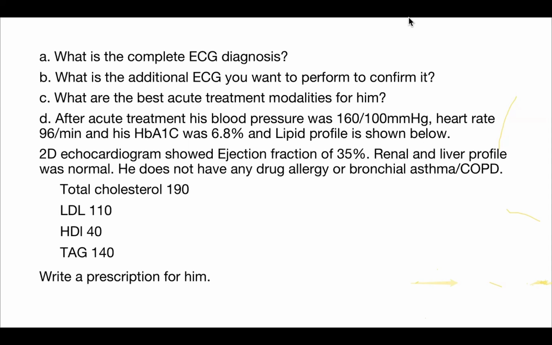What is the first line in nowadays guidelines? ARNI, yeah, very good. ARNI, right? So you have to give sacubitril valsartan. That is the first line, because the patient's EF is low, right? So in a person with low EF, patient must be on 4 drugs, right?